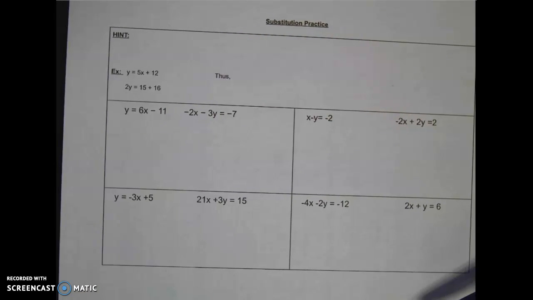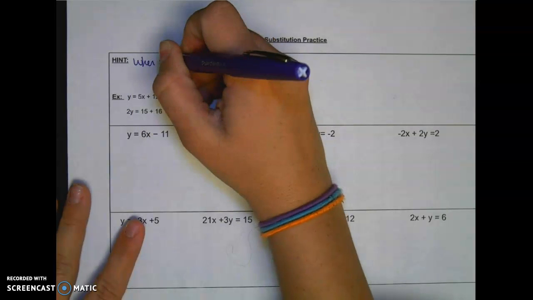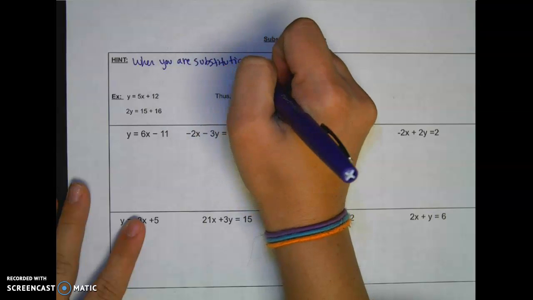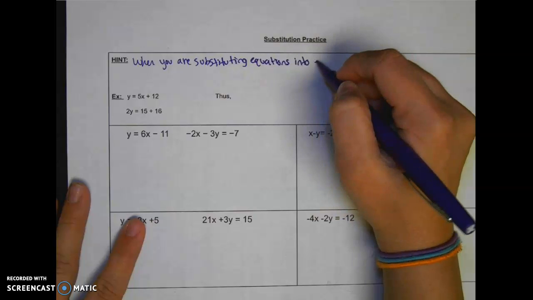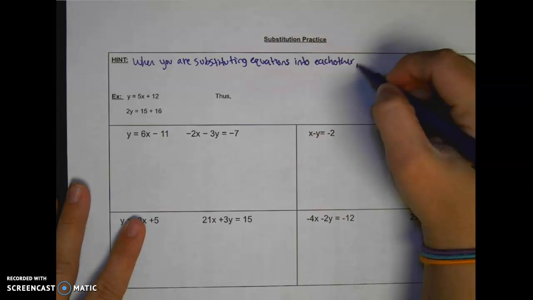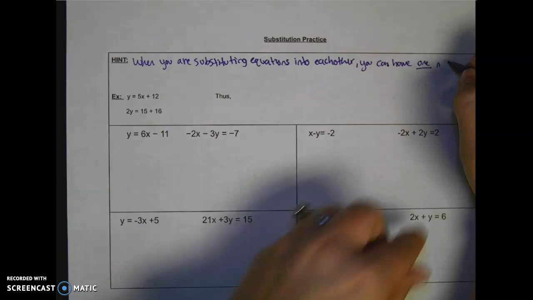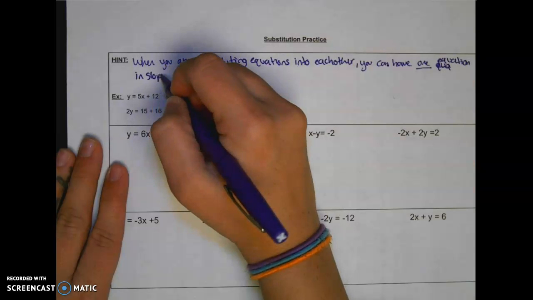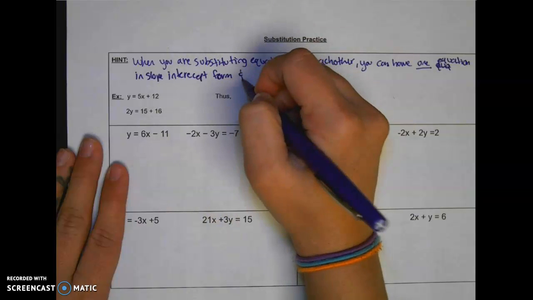So it says, hint: when you are substituting equations into each other, you can have one equation in slope-intercept form and plug it into the other.